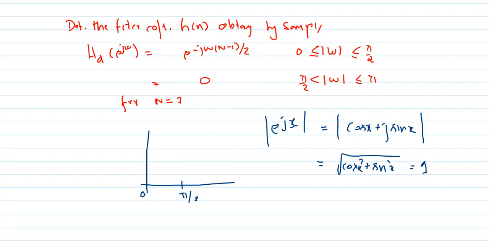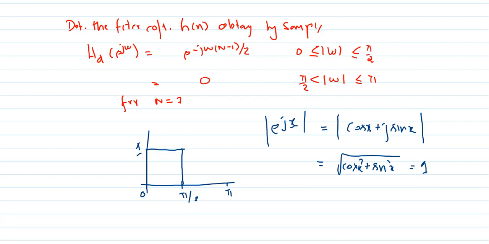So whenever e power j h is given, the magnitude of it is always 1. In our response, we'll be taking the magnitude response, so it does not have any effect. What is implied is that it is 1 from 0 to pi by 2, and from pi by 2 to pi it is 0. That is the information given in the question. But this will have an effect in your phase response.